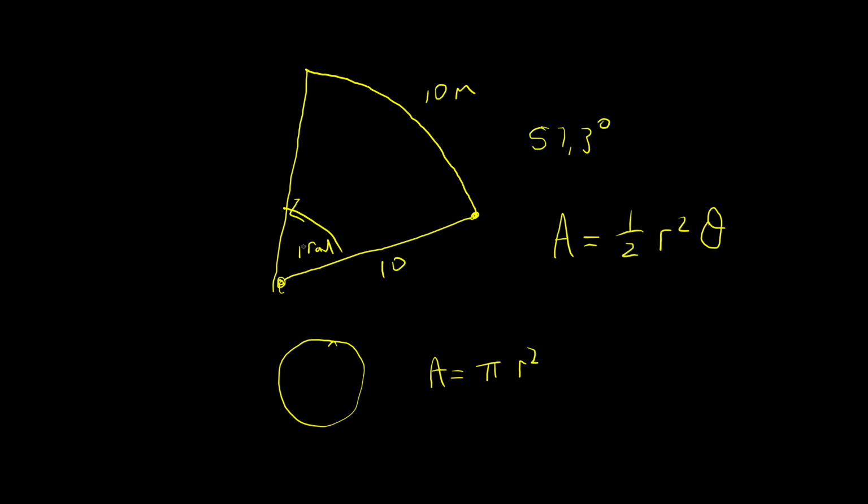Now, a full circle is 360 degrees, but 360 degrees is equal to 2 pi radians. So if we substitute this with 2 pi and we simplify, half times 2 is 1, so the answer would be pi radius squared.